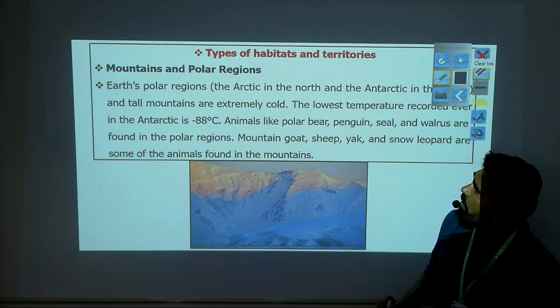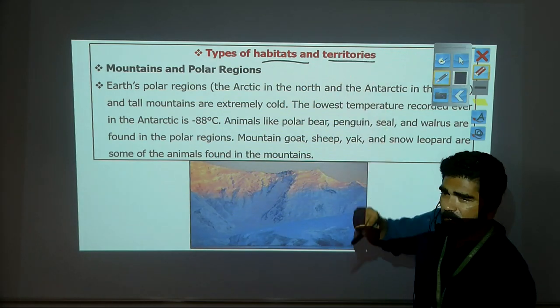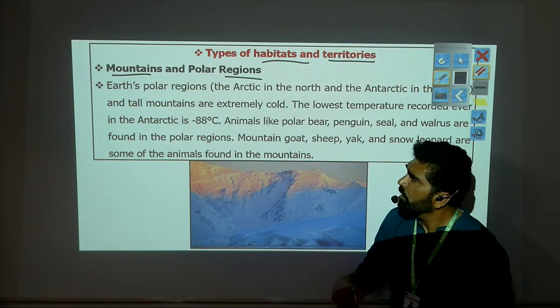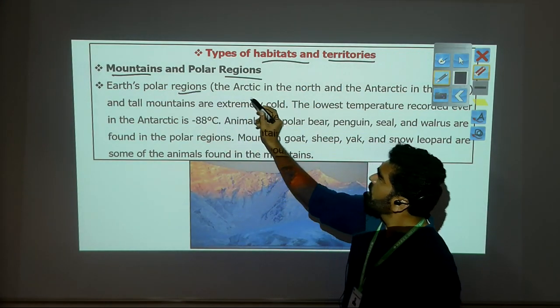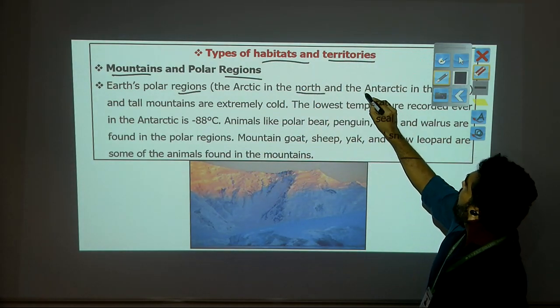The next types of habitats and territories: the mountains and the polar regions. The polar regions are especially the Arctic region in the north and the Antarctic region.